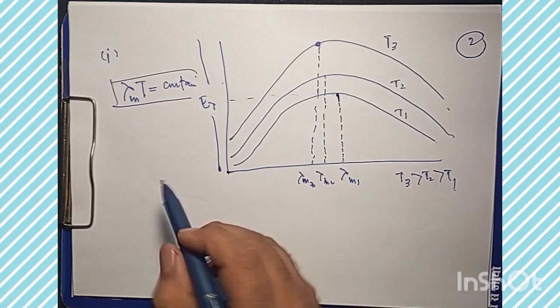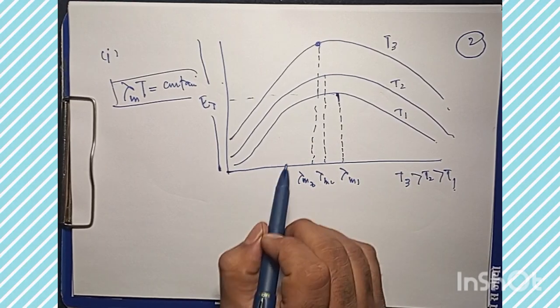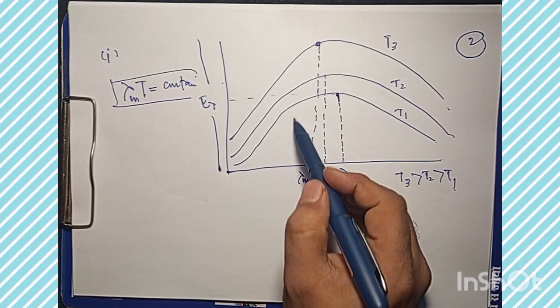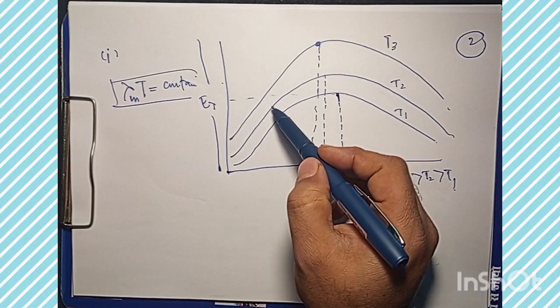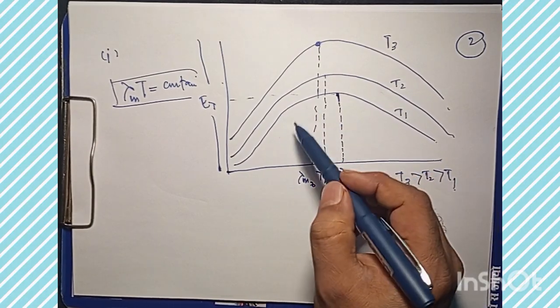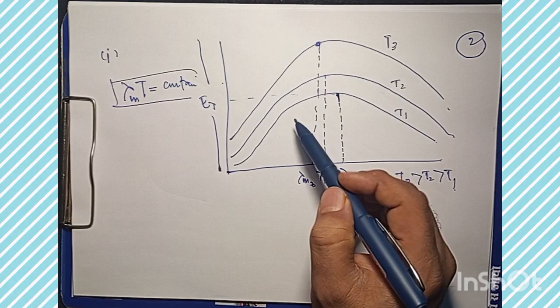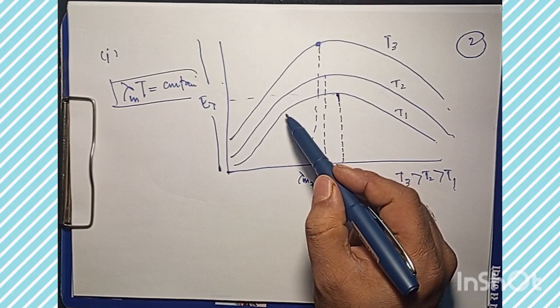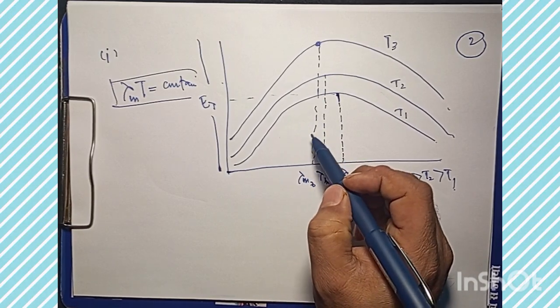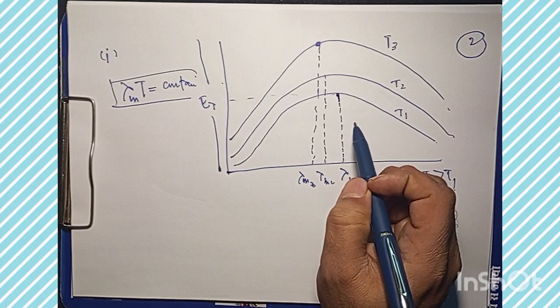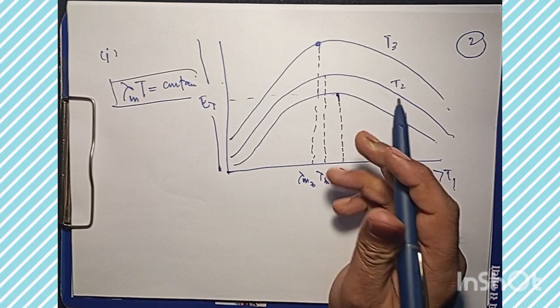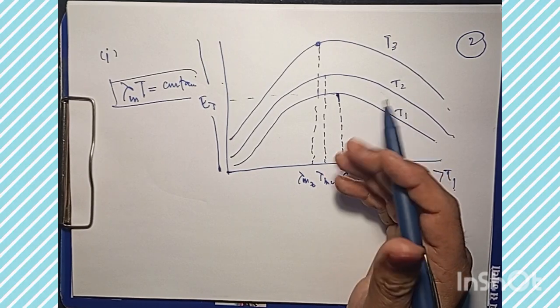And the area under each curve represents the total energy emitted by the body at the particular temperature at which you have taken the readings.